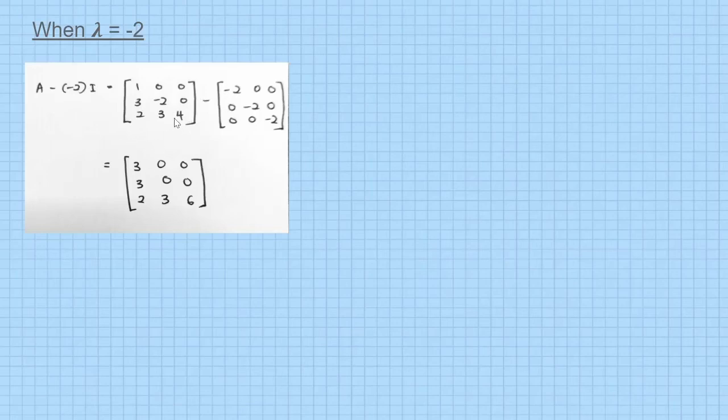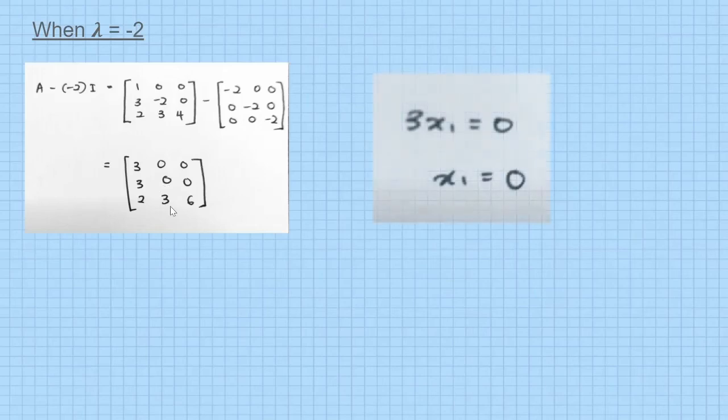and we solve the matrix and we get the new matrix, which is [3, 0, 0; 3, 0, 0; 2, 3, 6]. Using this matrix, we can find the eigenvectors for lambda equals -2. From the first row, we can find the value of x1, which is 3x1 equals 0, so x1 equals 0.